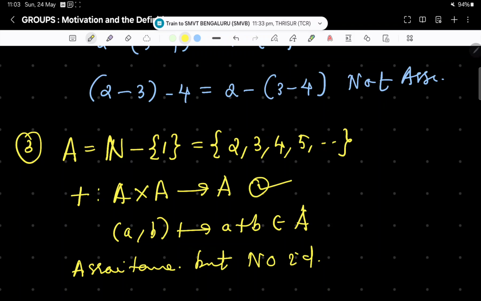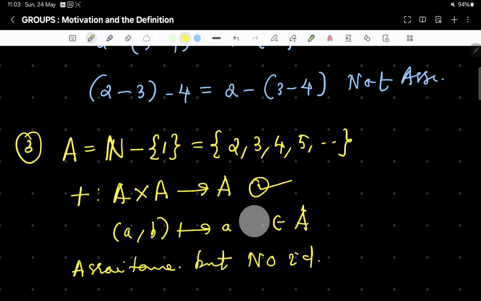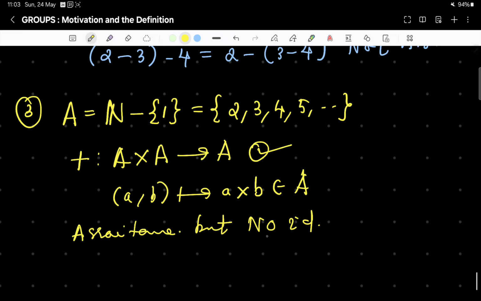Right? Because the identity in addition is 0. Even the multiplication will also work here, and it is also associative. So I could change this to multiplication: a, b goes to a times b. Since 1 is avoided, there is no identity here.